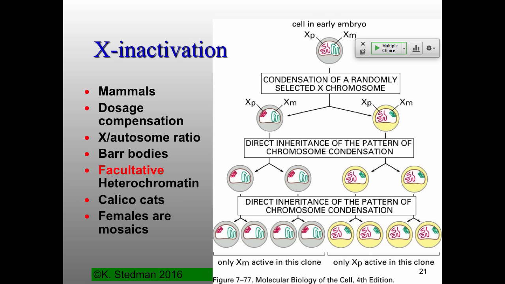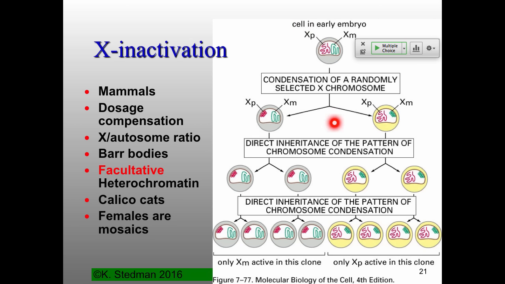So this is a process called dosage compensation, and it happens in other genes as well, but for the most part, it's best understood what goes on in the X chromosome. So in mammals, this is what happens. You have one of the two X chromosomes that gets inactivated early on in development, but not immediately after embryogenesis.